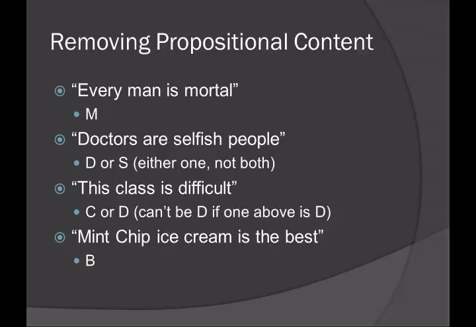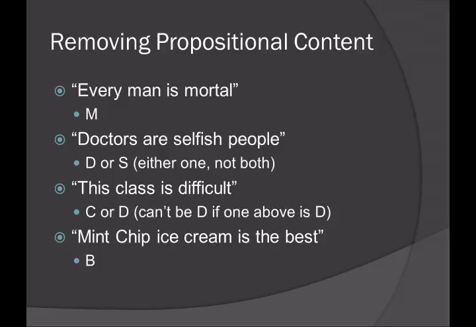You would have to go with a new or different capital letter like C. You do not want the same capital letter to represent two propositional contents. Okay? So for every propositional content, a new and unique capital letter. Every time that content is available, you use that capital letter.